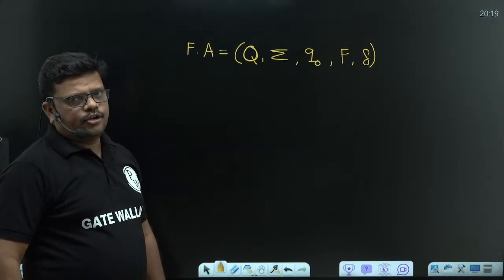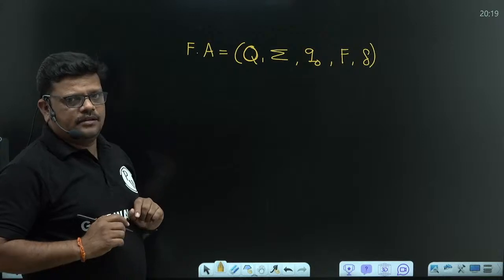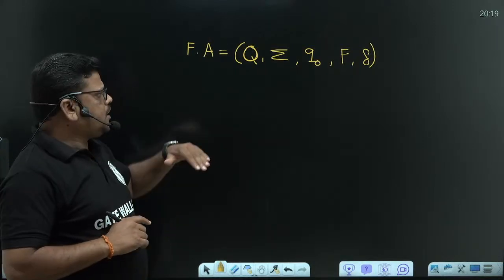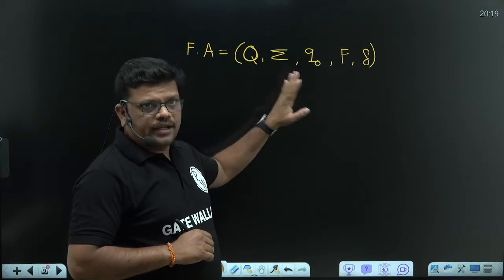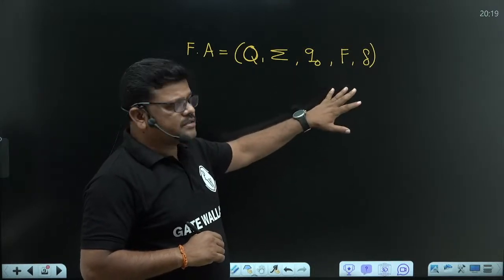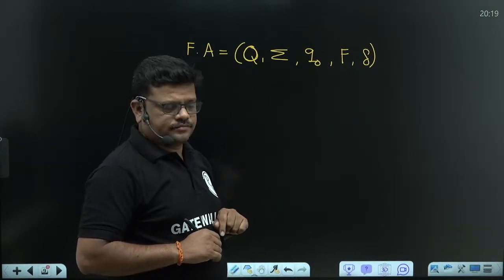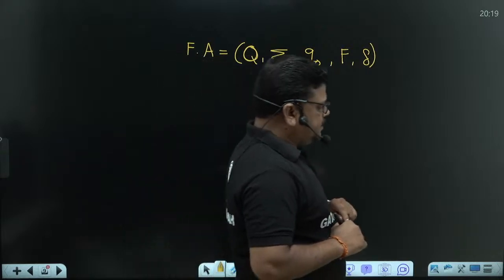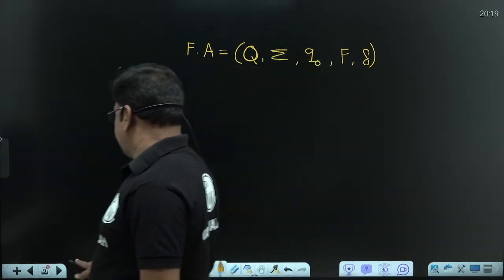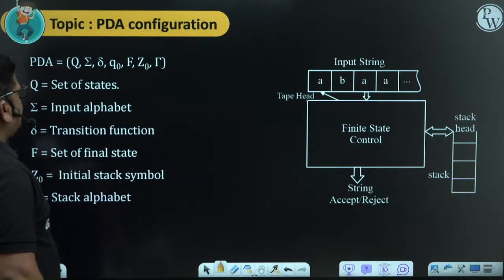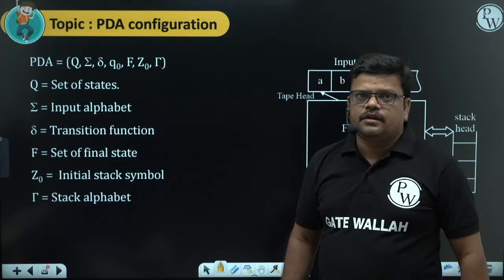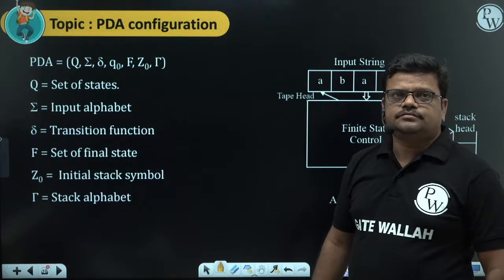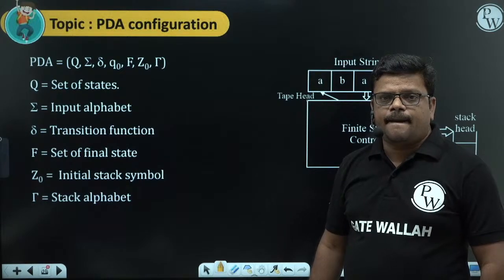Whenever you say finite automata, these 5 things should be there: a finite number of states, input alphabet, one initial state, a set of final states, and a transition function. Like this, for pushdown automata, it is a 7 tuple.